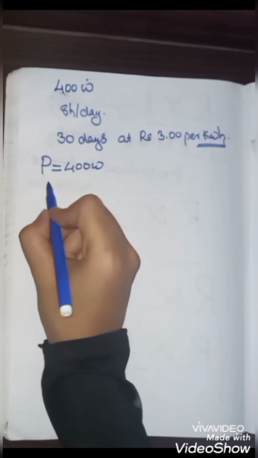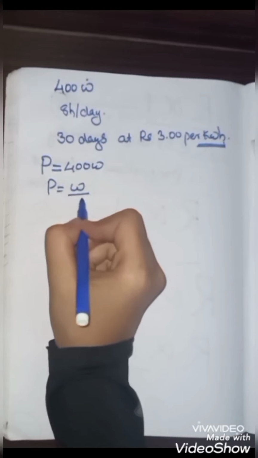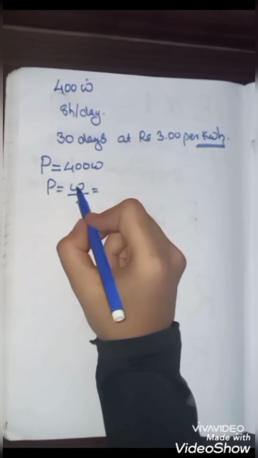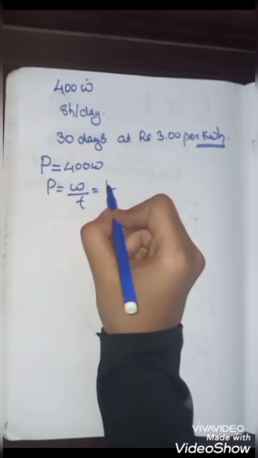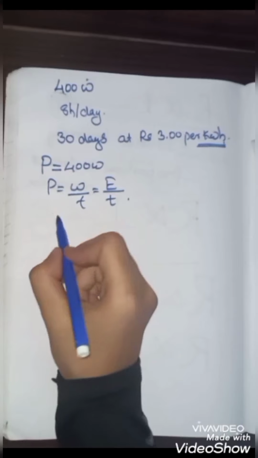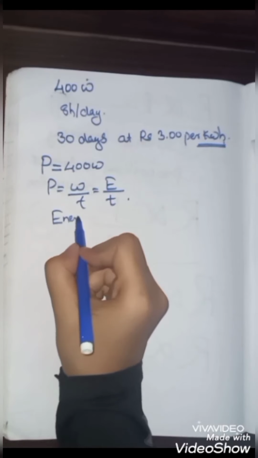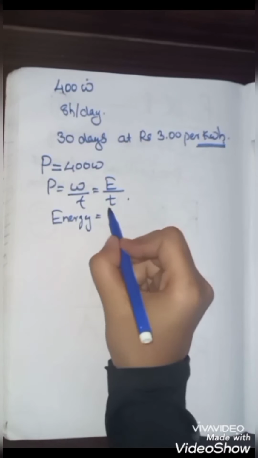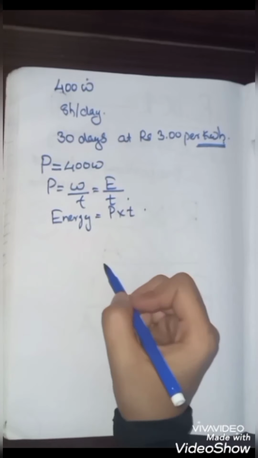We know power is equal to work by time, and work done is equivalent to energy, that is energy by time. So we can write energy is equal to power into time.